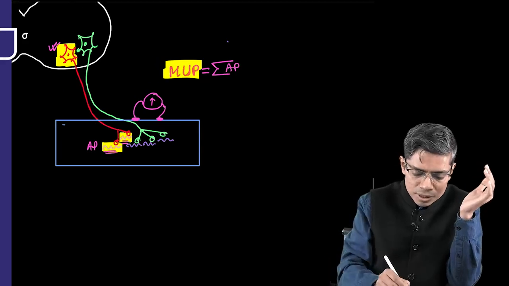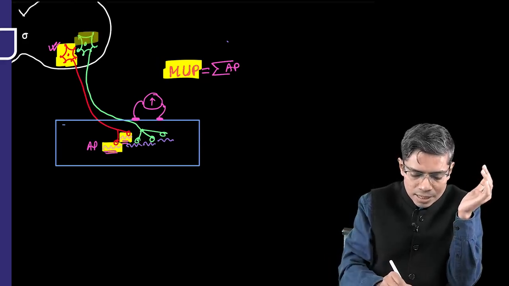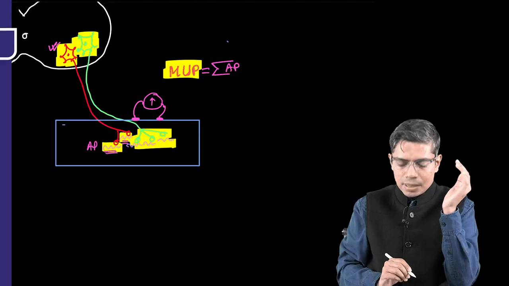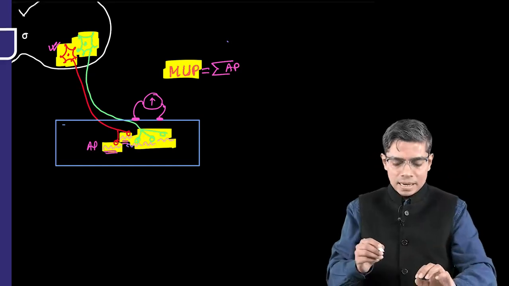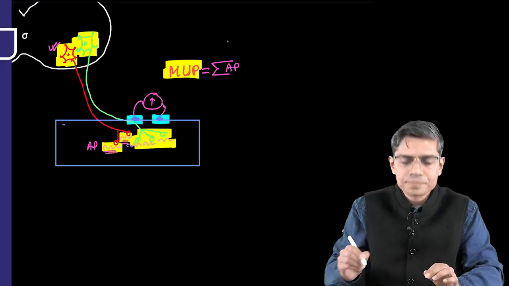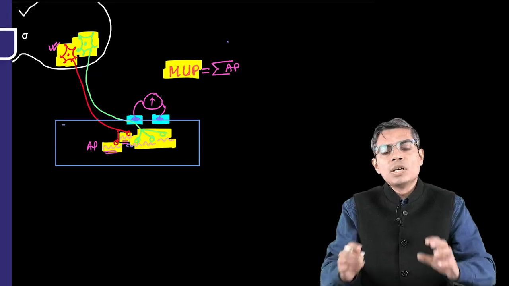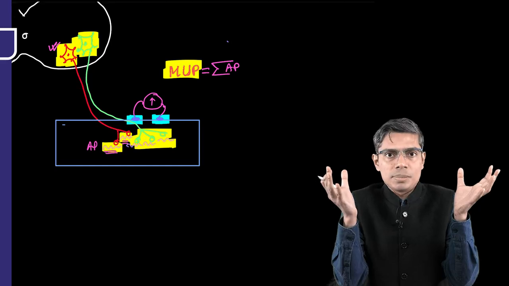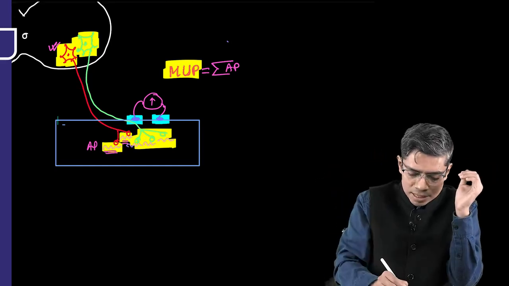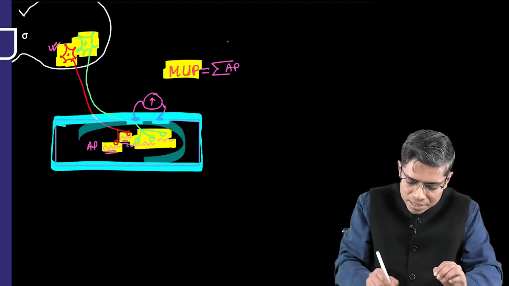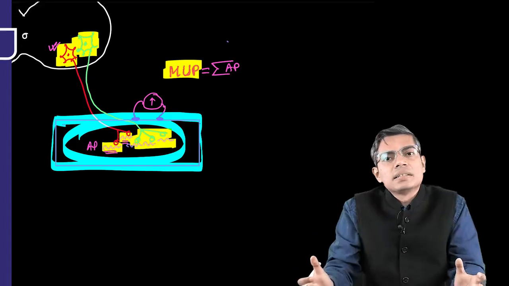Similarly, whenever you stimulate this green color neuron, again the same thing will happen, and a motor unit potential will be generated. Now we all know that if you keep this electrode on the surface of the muscle, you are going to record the motor unit potentials of multiple motor units, because whenever this muscle is contracting, multiple motor units inside the muscle are already activated.